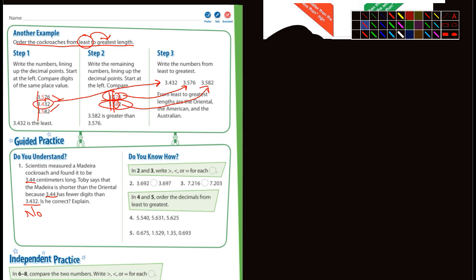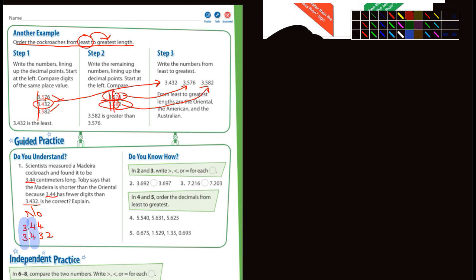Okay? And so, I mean, we could take these and line, here's a 3.44. Make sure you line them up properly. And here's a 3.432. Well, let's look at the first pair. They're the same. They're the same.